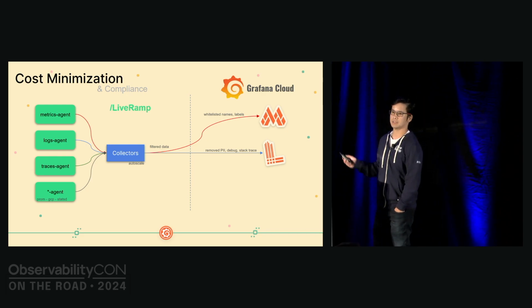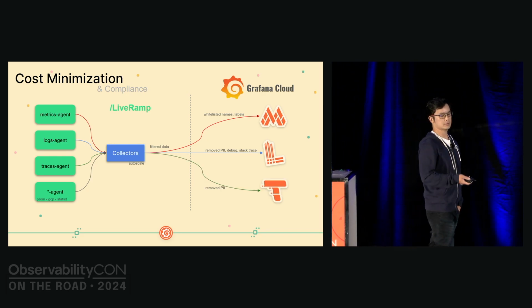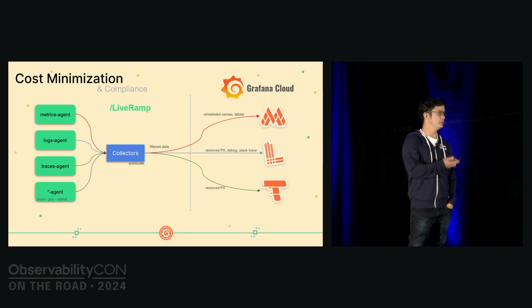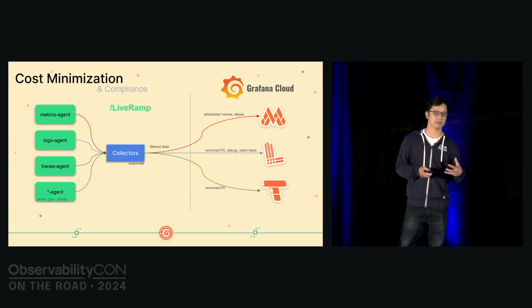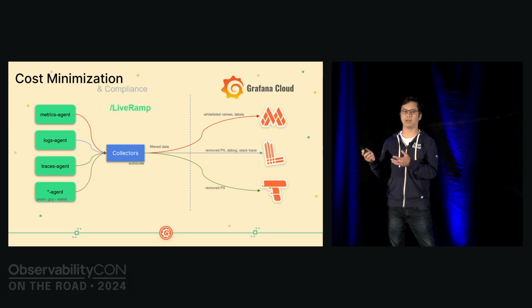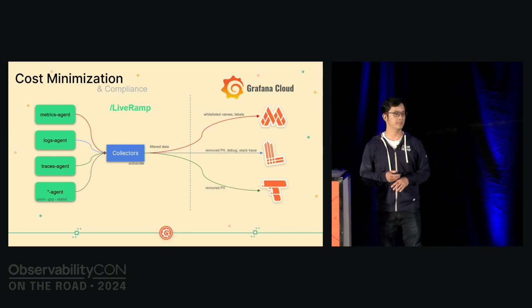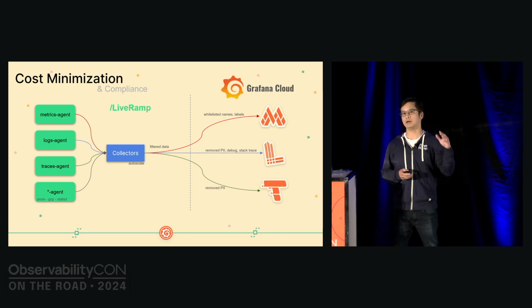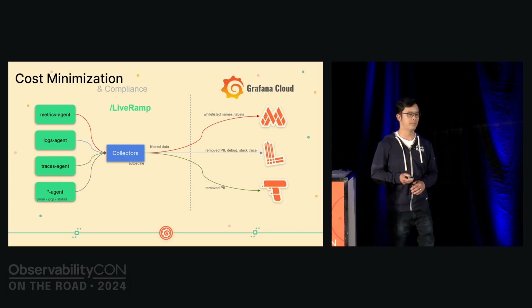It doesn't make sense to send them over if we're not going to use them. Similarly, same thing with traces. We remove the data inside of the trace itself, as well as query parameters that might have name, address, information, and etc. So that is our cost minimization as well as compliance data flow.